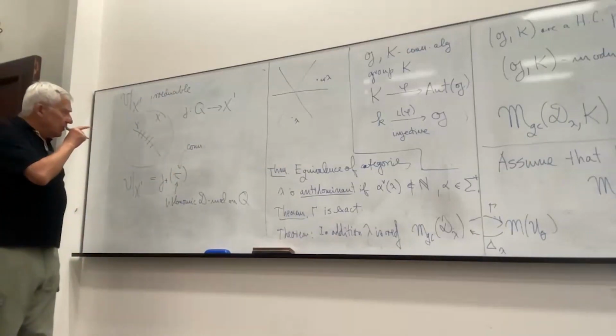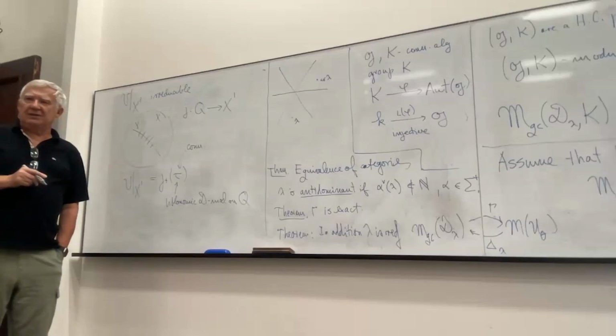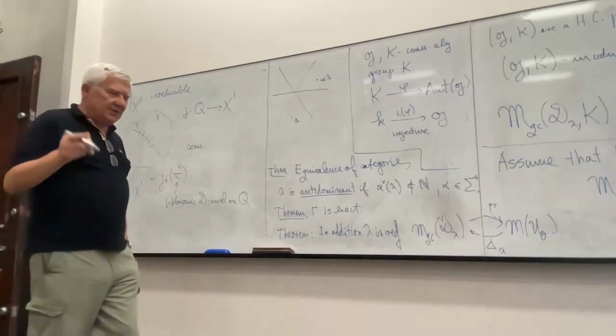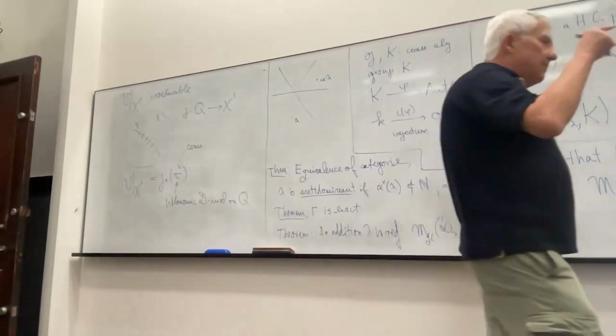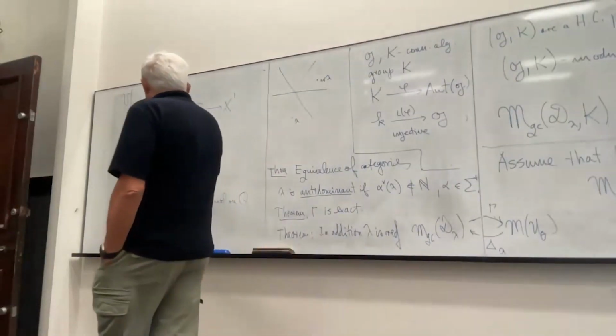So this is a coherent O_X module with D module action. And of course, it has to be irreducible. So the representation of the stabilizer has to be an irreducible representation of the stabilizer. So we know what tau has to be.